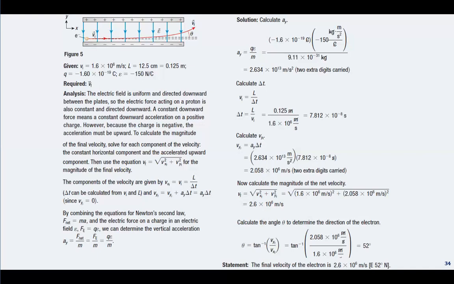And this gives us 52 degrees. So we can make the final statement like this. The final velocity of the electron is 2.6 times 10 to the power of 6 meters per second, and the direction is 52 degrees north of east, which is theta here shown in this figure.